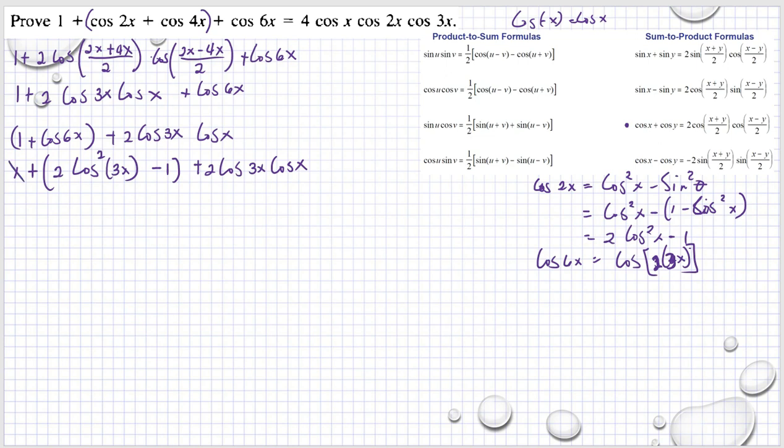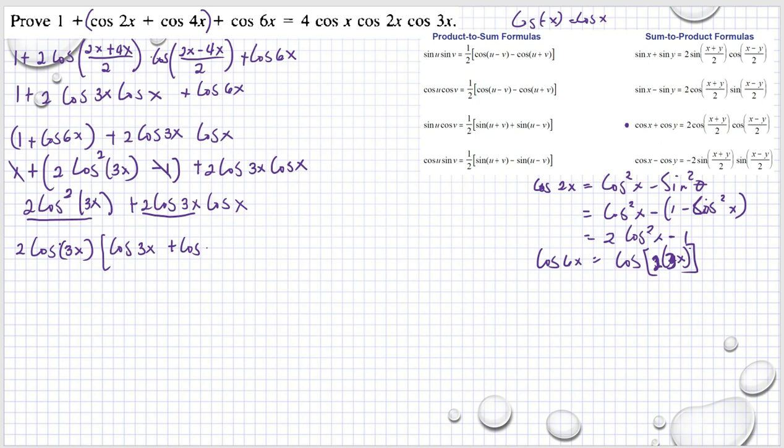Then this will become 0, so I have 2 cosine squared 3x plus 2 cosine 3x cosine x. As you can see here now, there is a common factor, that is 2 cosine 3x. So if I'm going to factor that, 2 cosine 3x multiplied by cosine 3x plus cosine x.